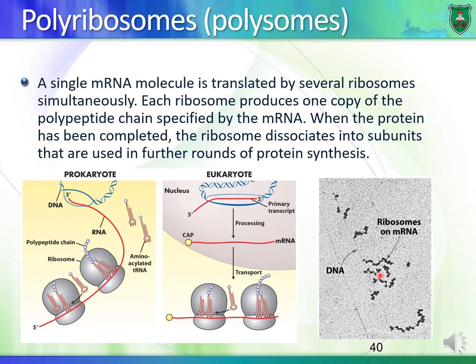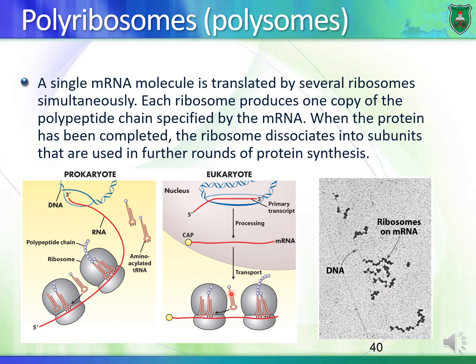Now here you have another messenger RNA molecule and you have ribosomes doing polypeptide synthesis. Each one of these dots is basically a ribosome. We see the DNA, we see the messenger RNA, and we see the ribosomes, but we cannot see the polypeptide in this image right here.